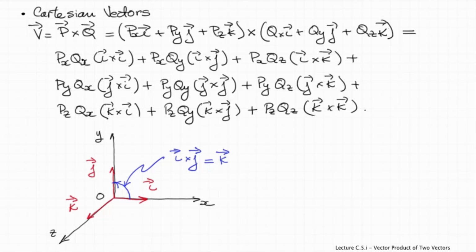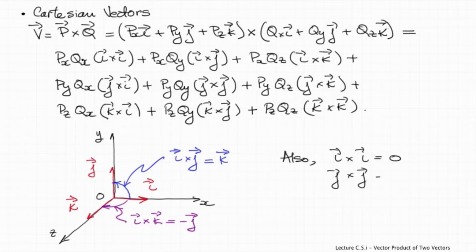And if we cross i and k, so we rotate i over k, the result will be negative j, and so forth. Also, you may easily notice that if we cross a unit vector with itself, the result will be 0, because sine of 0 equals 0.